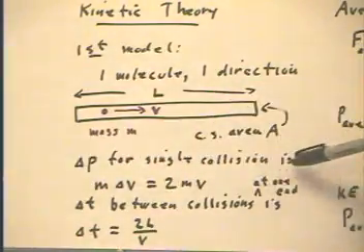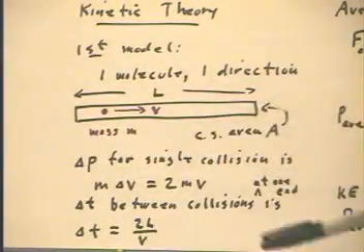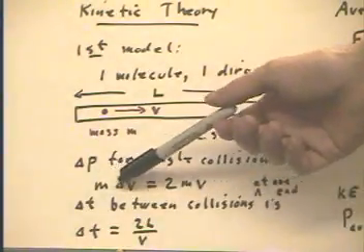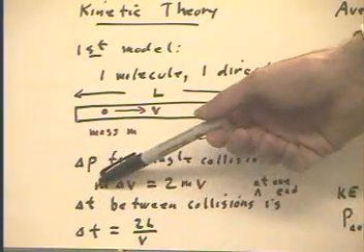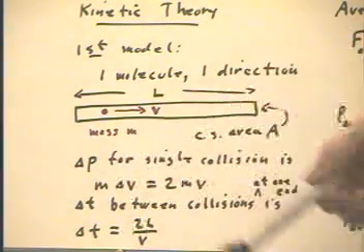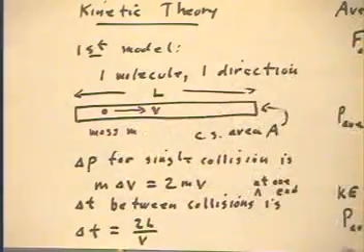So the change of momentum for a single collision at this end is m delta v, mass times change of velocity. The mass isn't changing, so the only thing that can change the momentum is the velocity. That's why we get m delta v.